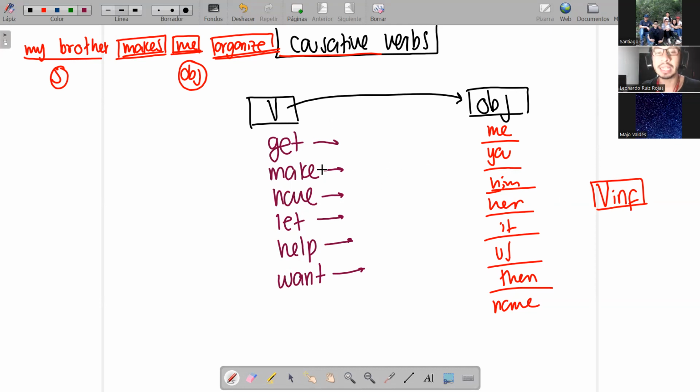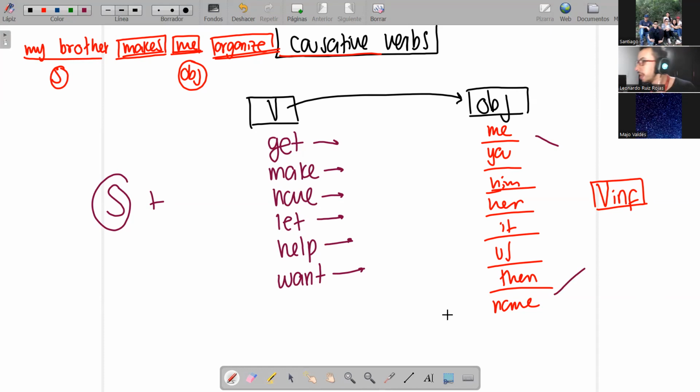Before that, I just have the subject, and that verb is conjugated in the tense that I want: present, past, future. So it can be got, made, had, is getting, is having, is making. The verb is conjugated, and then the other verb after the object is going to be in infinitive.